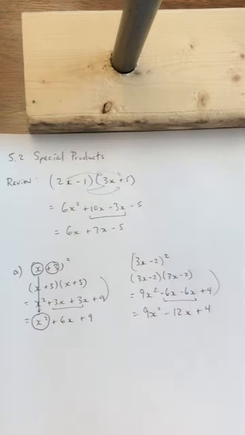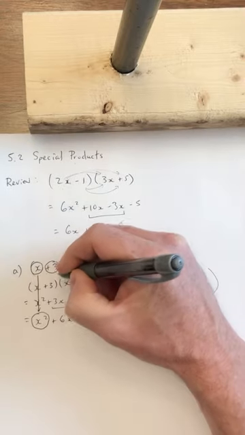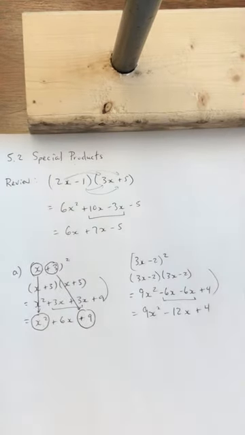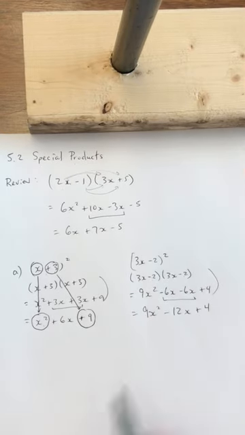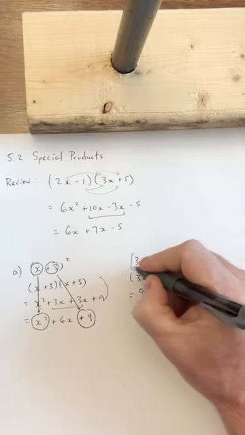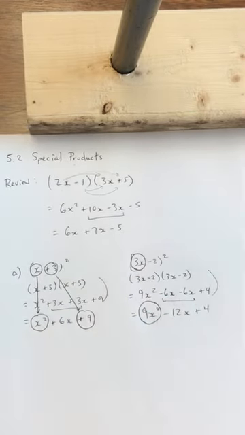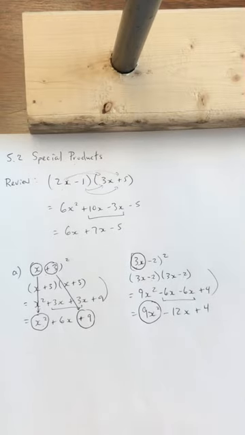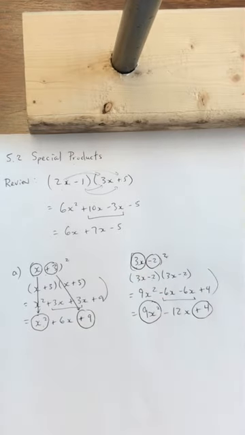The second term of our binomial, when we square it, becomes the third term of our trinomial answer. Same over here. And you'll notice here that I had a positive, here I had a negative, did that on purpose. Our 3x squared becomes the first term of our answer. Our minus 2 squared becomes the third term of our answer.